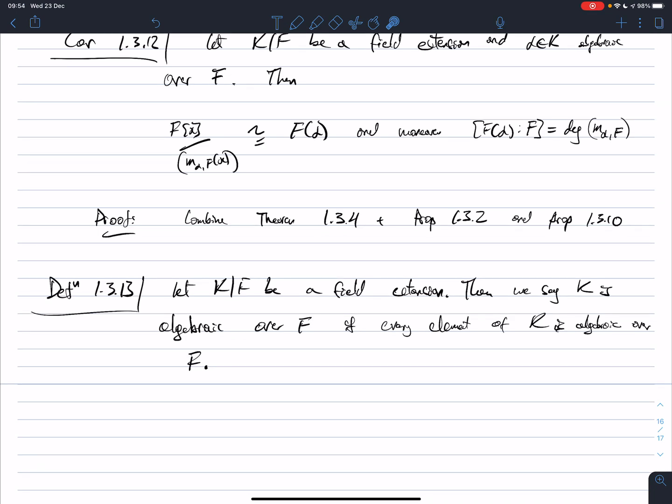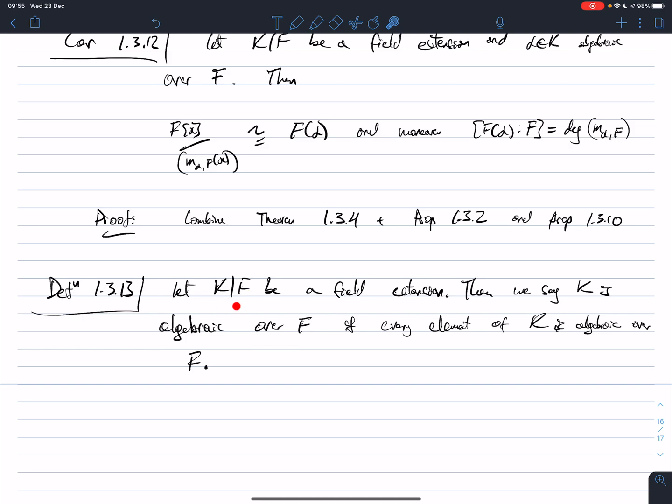Why do we care about them in number theory? Well, you might have a field F which you understand, say like the rational numbers. Now your algebraic field extension, your K, is going to be some field where I know every element in it will satisfy some polynomial over my base field.